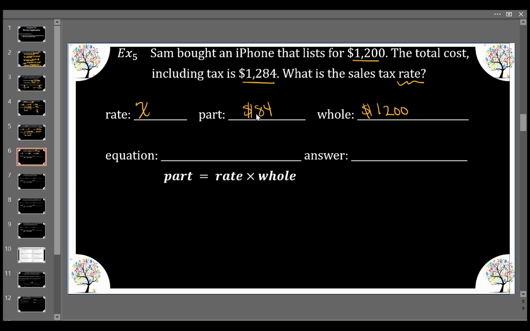So Sam has to pay for the phone plus pay the government the $84 in tax. And we want to find out what is the rate of $1,200 that equals $84. So we have $84 is equal to some rate times the original amount of the phone.